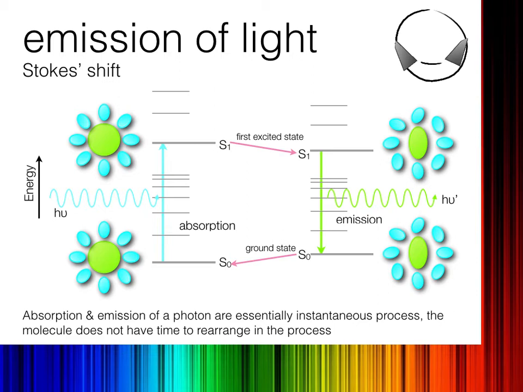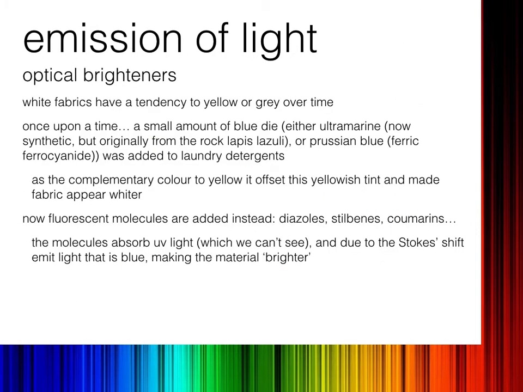Now, emission of light is a really important thing, and because of this difference in energy, I can actually make light that I can't see, UV light, into light that I can. This change in wavelength of light is basically the origin of something that we call optical brighteners. Now, once upon a time, optical brighteners weren't quite what they are today.